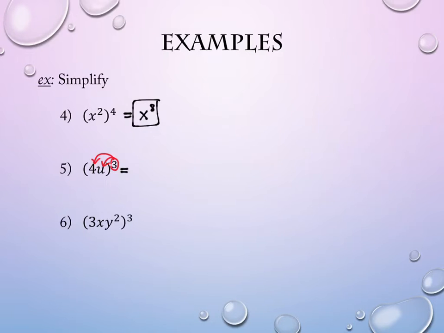So we have 4 cubed, and I'll just write it that way first to remind us. And we have u cubed. So that's my property of exponents in play. But then I actually have to do 4 cubed because that's a numerical value. So what is 4 cubed? 64. Yep, it's 64. So 64 u cubed is where that problem would end.